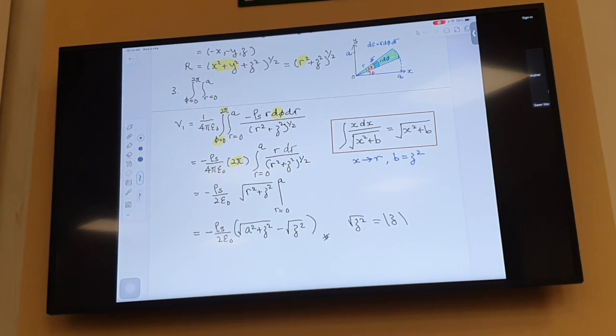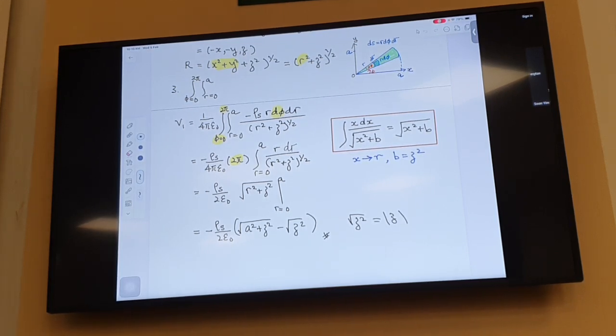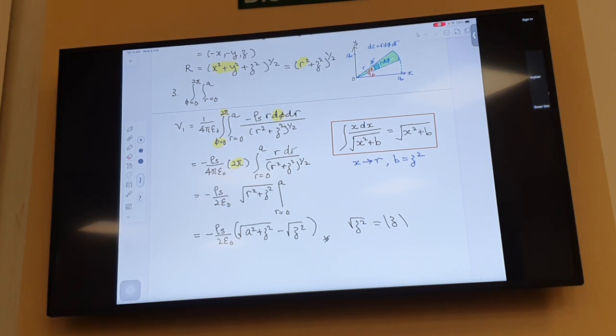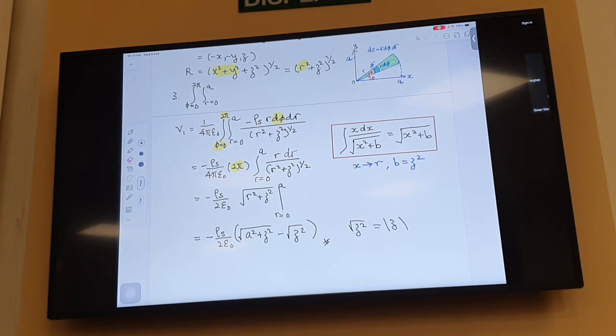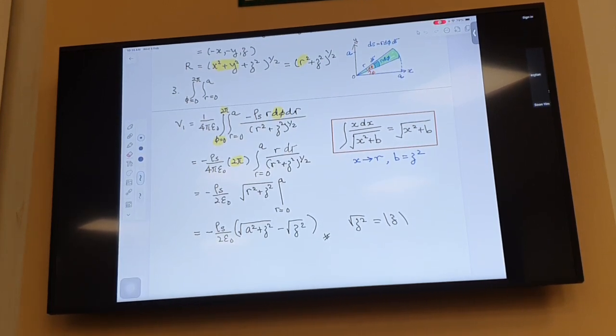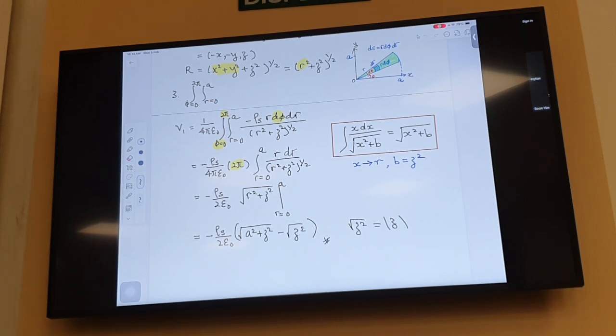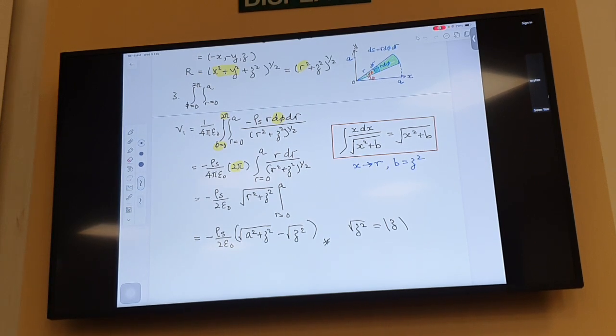Then once you have a bottom dish, in fact from here you know the direction of the E field already. If delta is only a function of z, it implies your E field is along z, because this is equal to 0, this is equal to 0.